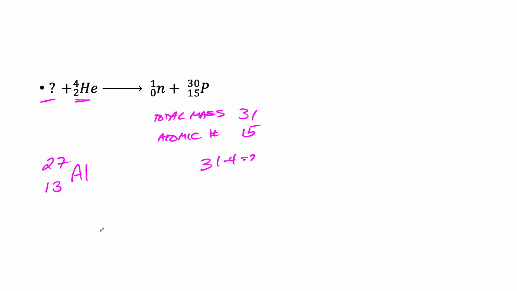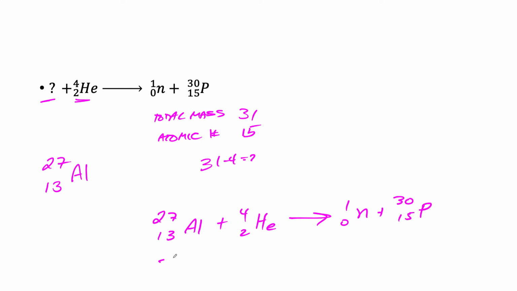And that is the reaction. So to rewrite it: aluminum 27 (atomic number 13) plus helium 4 (atomic number 2) yields neutron (mass 1, atomic number 0) plus phosphorus 30 (atomic number 15). And that is the balanced equation. This is a transmutation reaction, ending up with phosphorus being produced with a neutron being emitted.